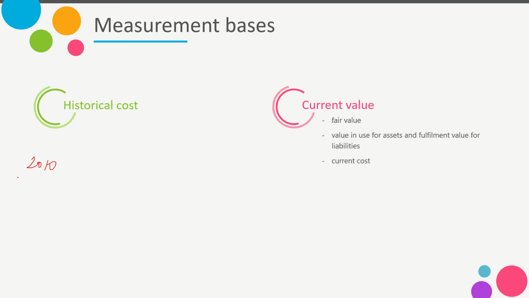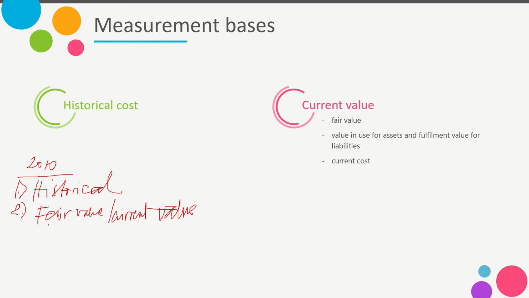Okay, so in 2010, there were four. We have number 1, historical costs. Later, we will discuss historical costs. Number 2 would be fair value, or current cost or current value. That is what is indicated there, and later we will also be discussing that.